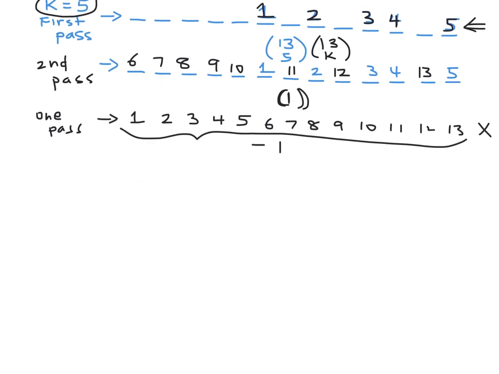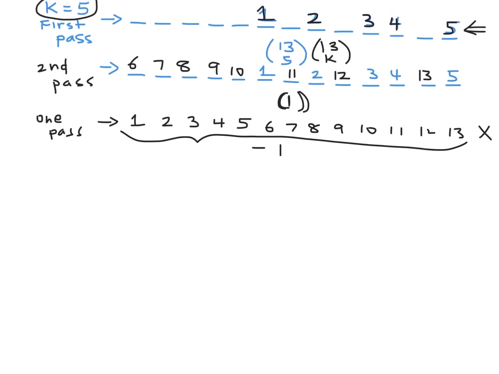And also, you have to remember that you are only looking at values of k between 1 and 12. Because if k equals 13, then you would only get one pass. You would get this scenario. So that's another thing we have to take into consideration.